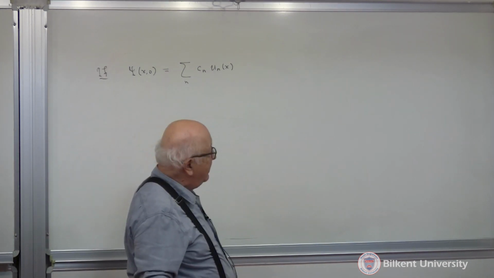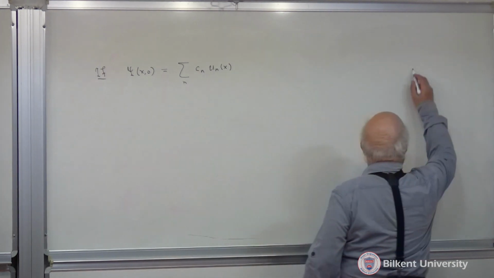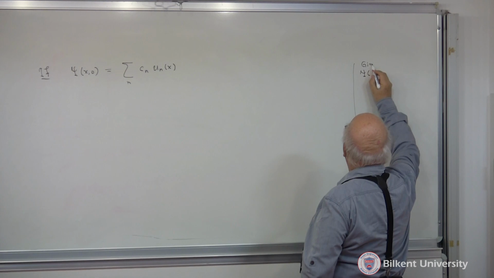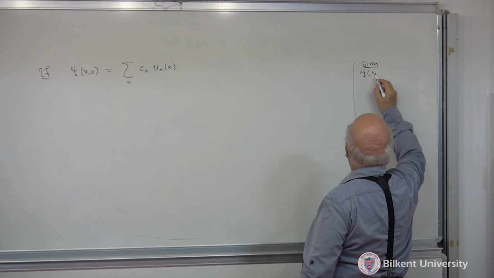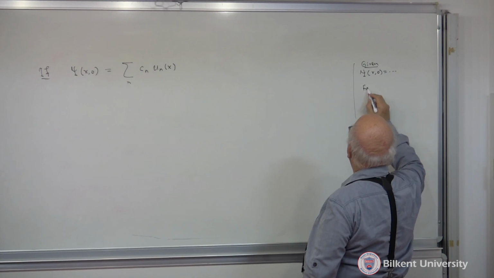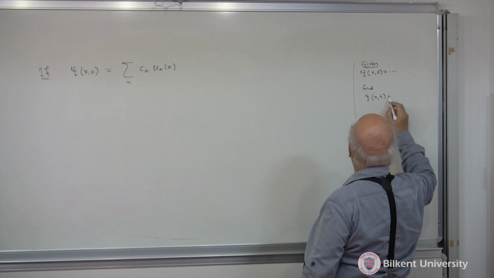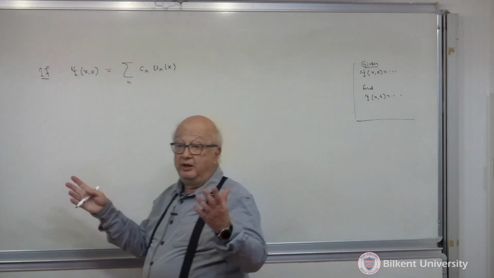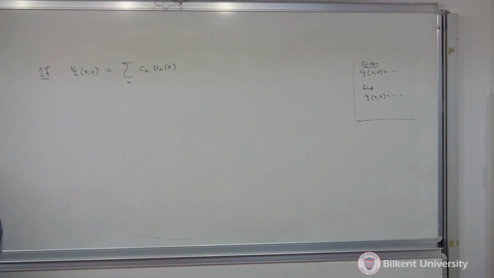Okay, so a quantum mechanical problem may be stated as, given this psi x0 equals something, find psi xt, because if I know psi xt, I can evaluate any and all averages that I want.